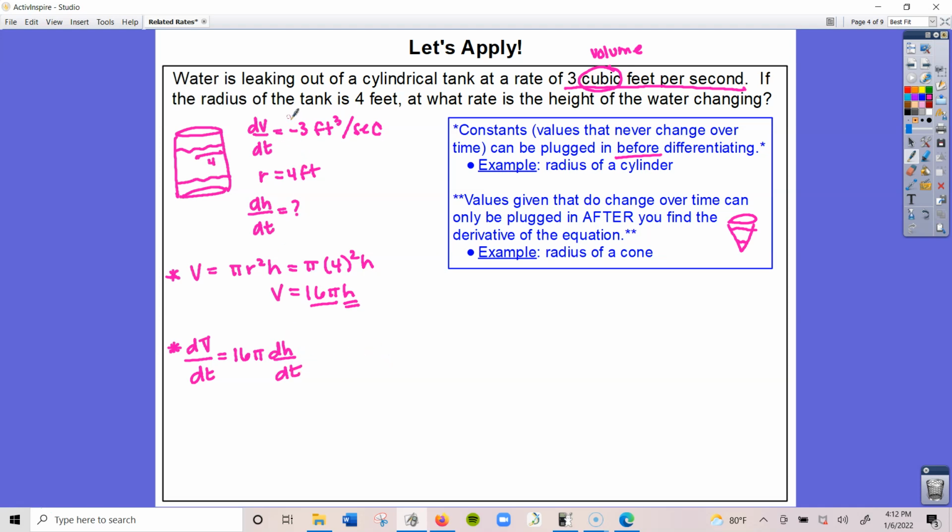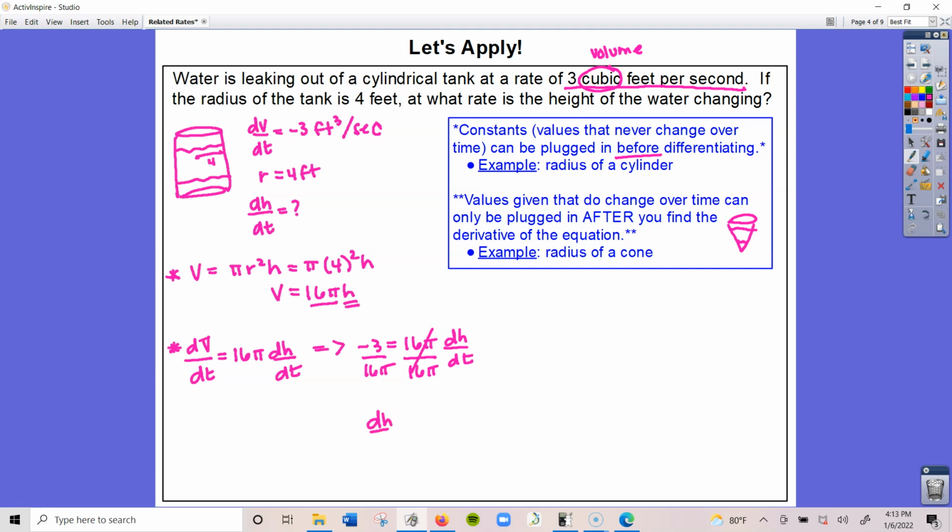I can now plug in my dV/dt: negative 3 equals 16 pi dH/dt. To solve for dH/dt, I am going to divide by 16 pi.